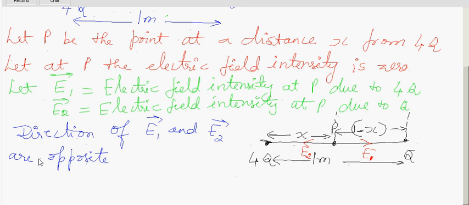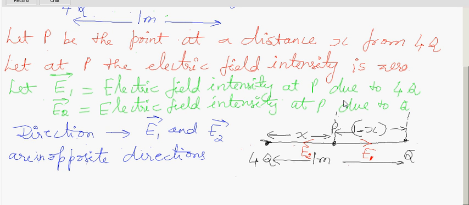The directions of E1 and E2 are in opposite directions.